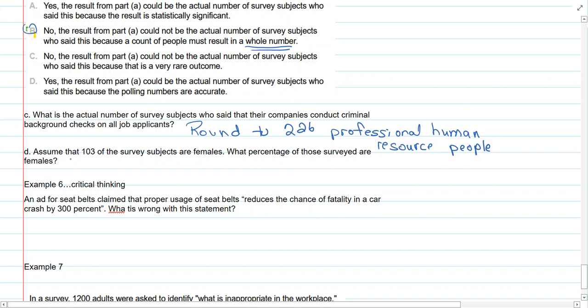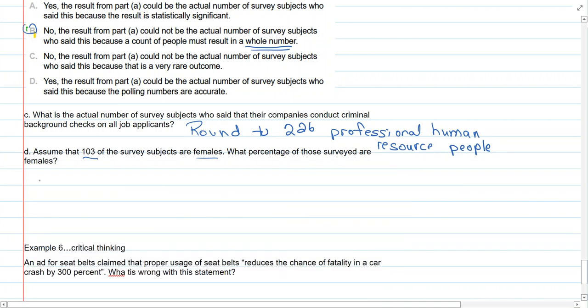Assume that 103 of the survey subjects are females. What percentage of those surveyed are females? So here we need to convert the female participants to a percentage.